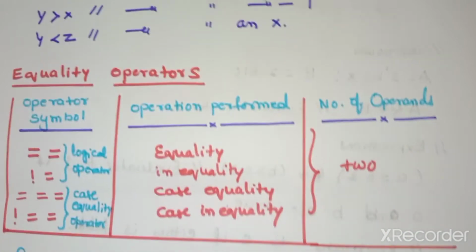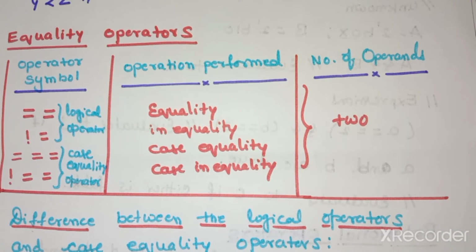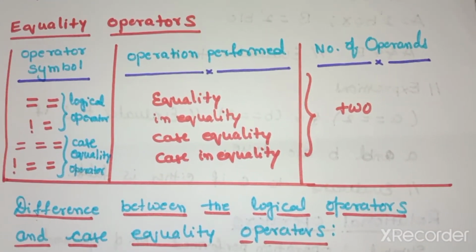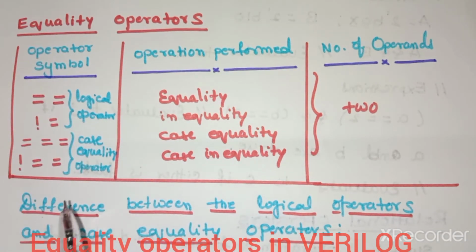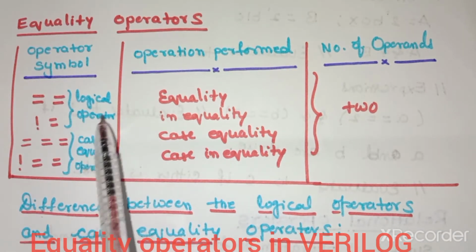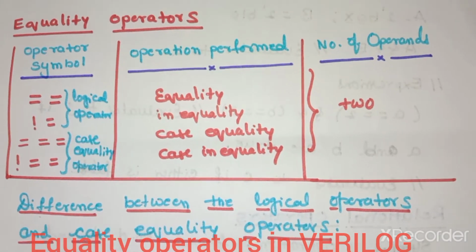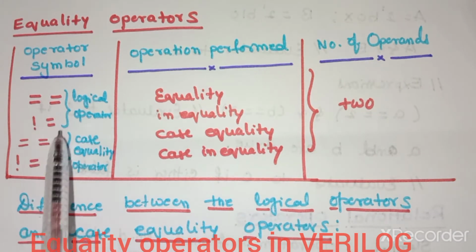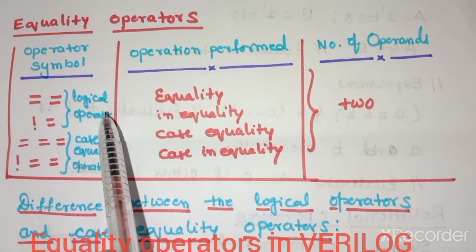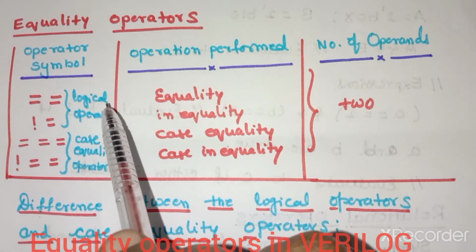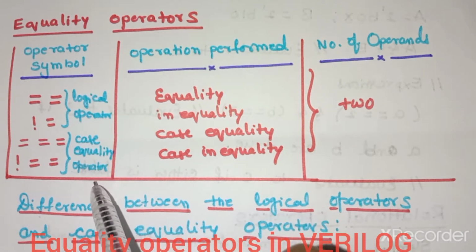Now let us study another operator available in VHDL, that is the equality operator. In the equality operator we have two types of operators: the logical equality operators and the case equality operators.